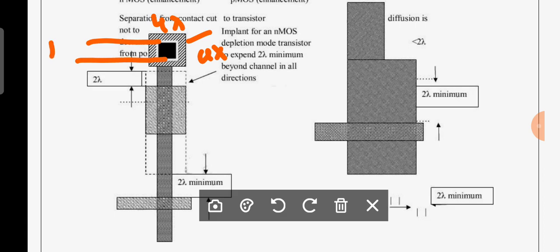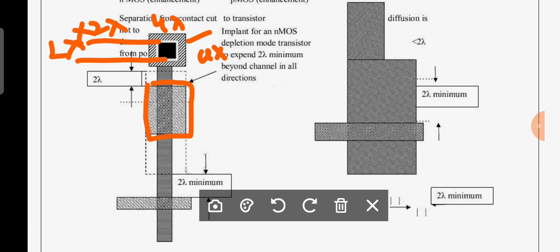You know very well that when poly comes over diffusion or diffusion comes over poly, then it is a transistor.